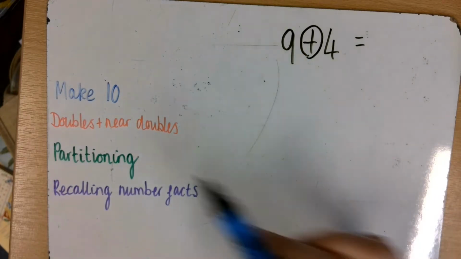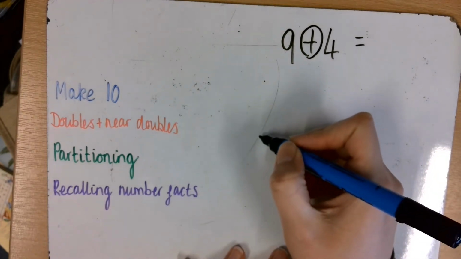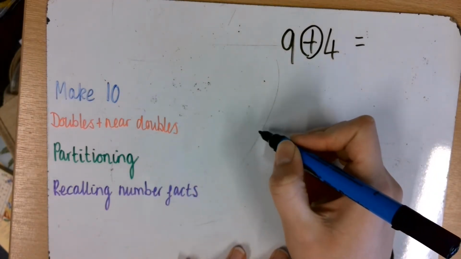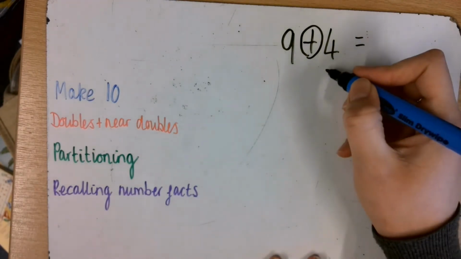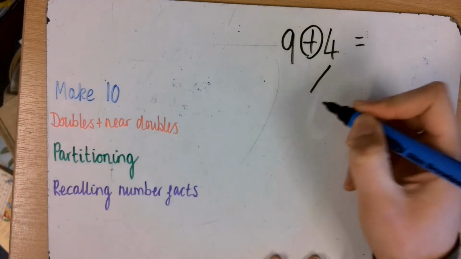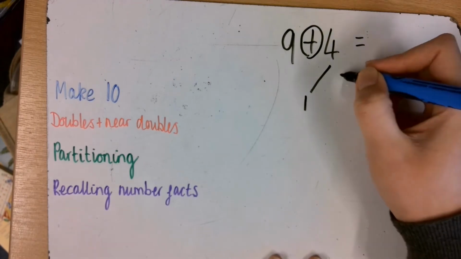I'm going to check by making 10. I know that 9 is really close to 10. I know that 9 add 1 equals 10. So I'm going to split my 4 into a 1 that I can add to my 9.